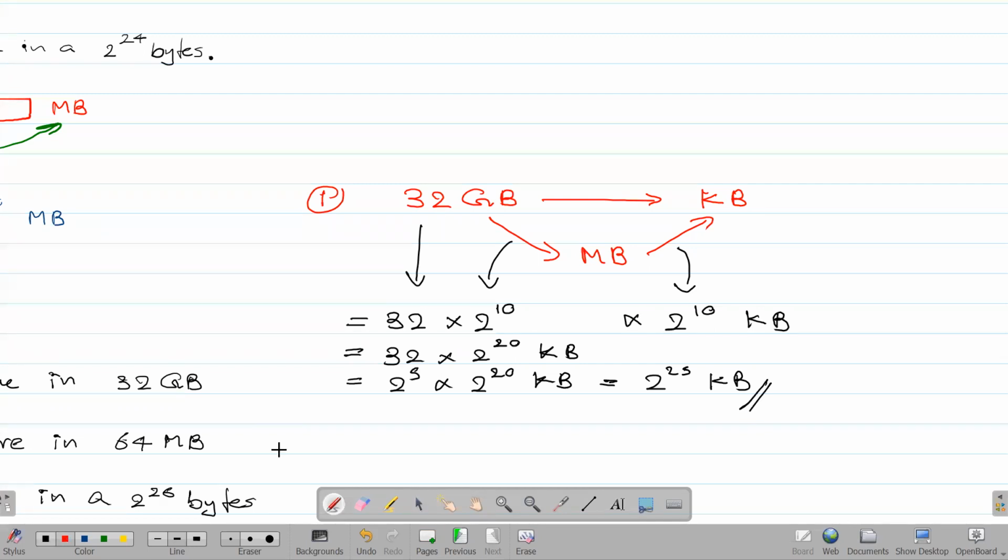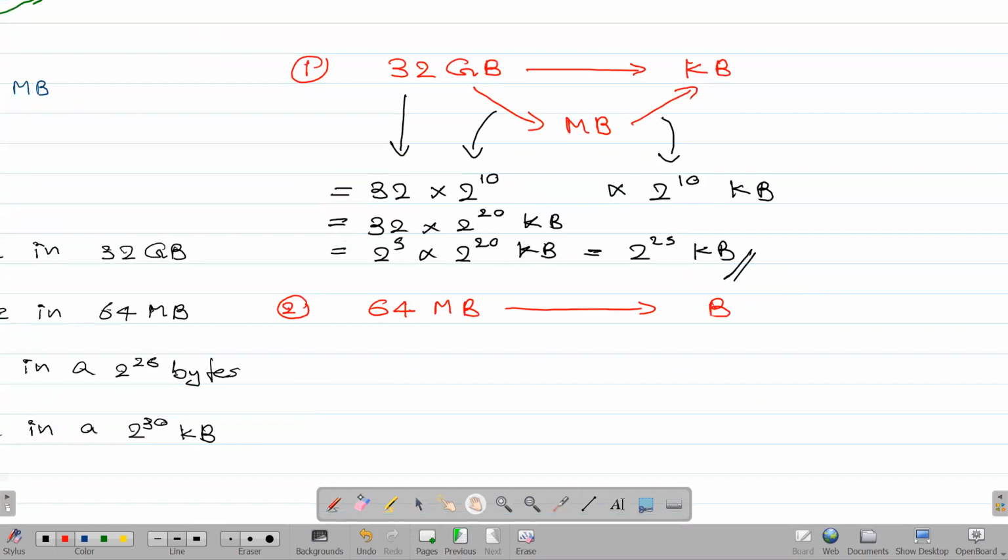So the second one, the request is converting 64 MB into bytes, right? So again, the conversion goes from megabyte to kilobyte and then kilobyte to byte.